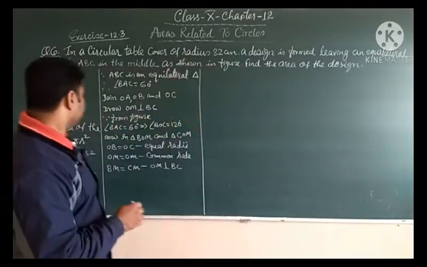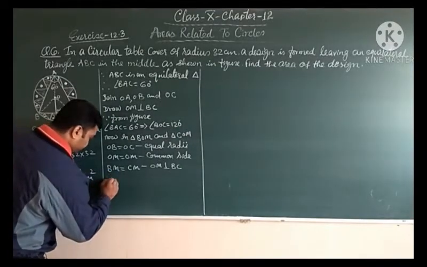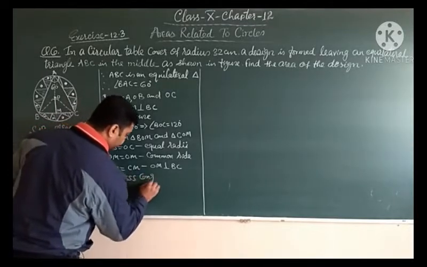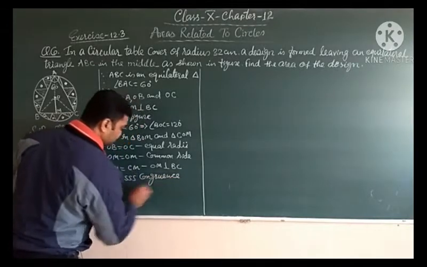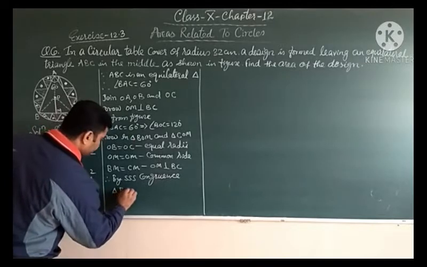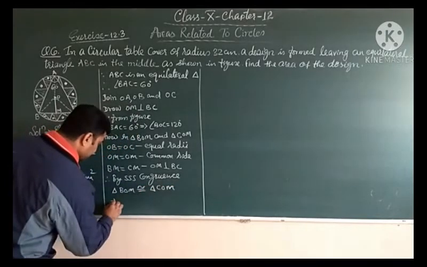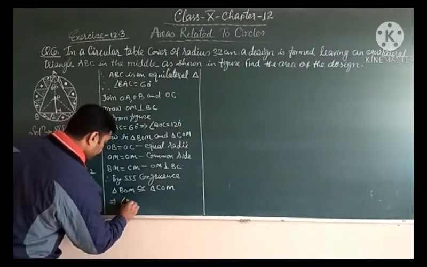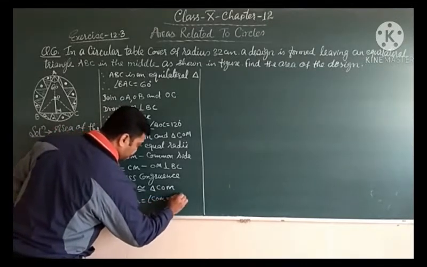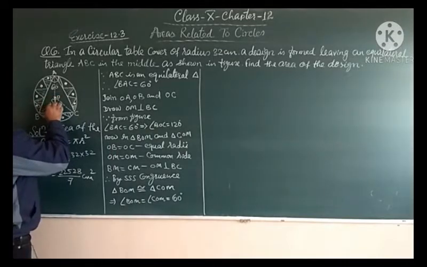So by SSS congruency, triangle BOM is congruent to triangle COM, and this implies angle BOM is equal to angle COM is equal to 60 degree. Got it? That means this angle is also 60 degree.